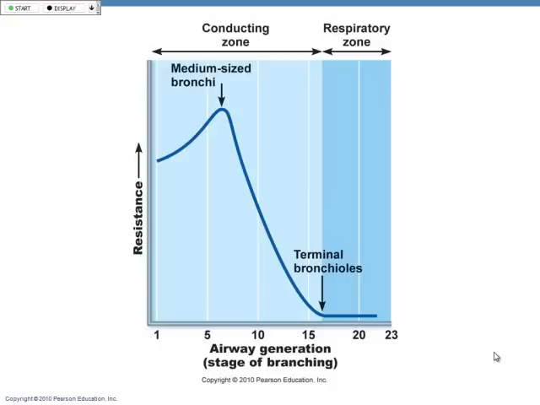So the diameter of the conducting zone is a big factor in airway resistance. As long as I can get air through those tubes without too much resistance, I can get air to where? The important part. Somebody asked a question about that just before class started. What's it called? The respiratory zone, where I need to do the business end of gas exchange. So that's very, very important.